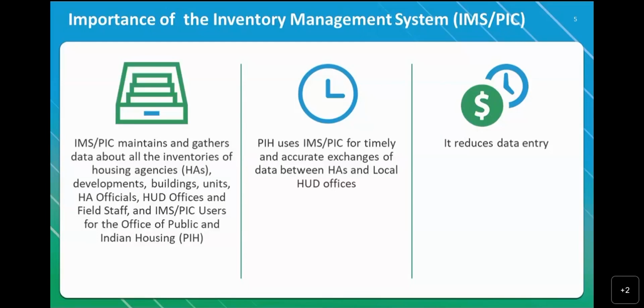It is driven from data points in PIC, because you have to identify the status that the unit is in. If it's not there, it would not be eligible for capital funds.